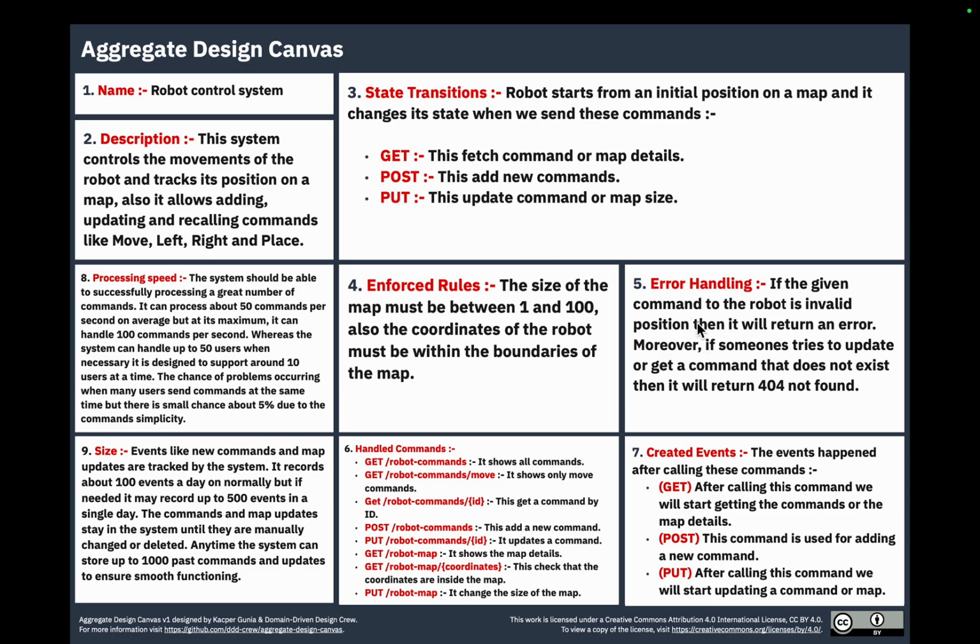Here is the error handling, like if an invalid command is given, the system returns an error, and if someone tries to update or get a command that doesn't exist, it returns a 404 not found error.